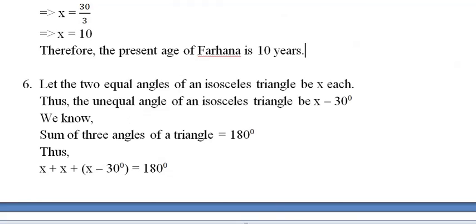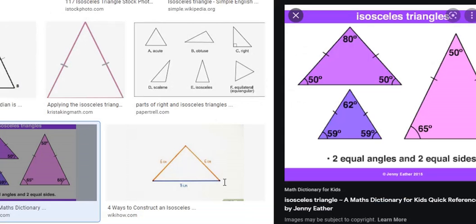So we have seen this picture that the two angles of an isosceles triangle will be equal. So these two angles will be equal, hence we can assume it to be x. So this is x and this is also x, and this angle, which is the unequal angle, is less than the equal angles by 30 degree, which means it is x minus 30 degree.